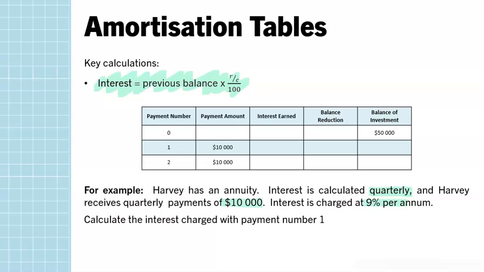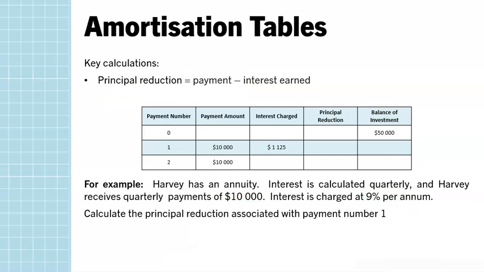And so in this case, we take our previous balance of $50,000 and we multiply that by our rate, so 9%, over compounding periods of 4 and over 100, and that will give us a value of 1,125. So the interest earned at that point is $1,125. It should be earned, not charged.